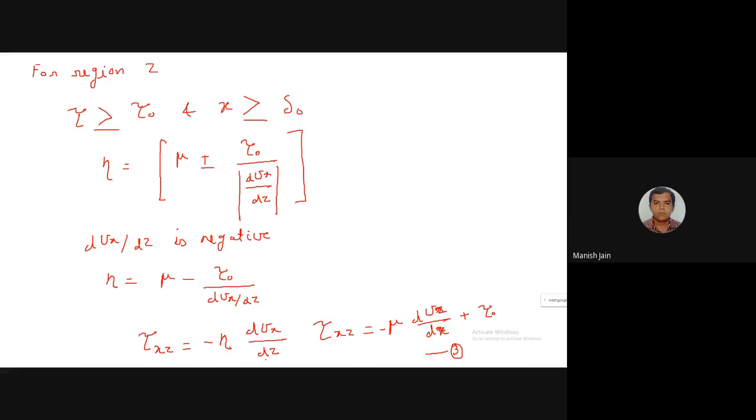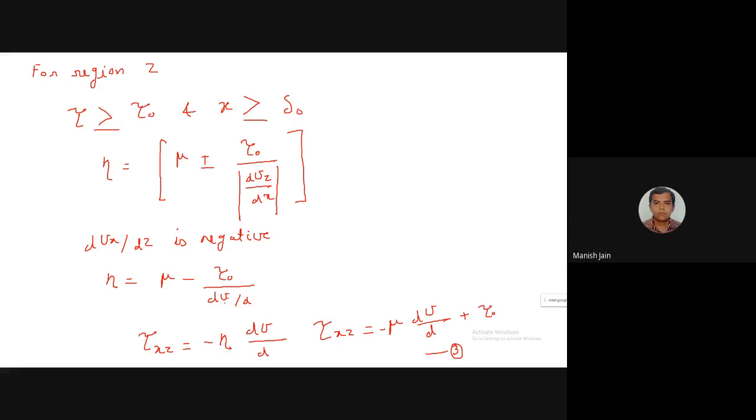Okay, now this is wrong. One minute, I will just correct this. This is not dvx by dz, this is dvz by dx. This should be dvz by dx.